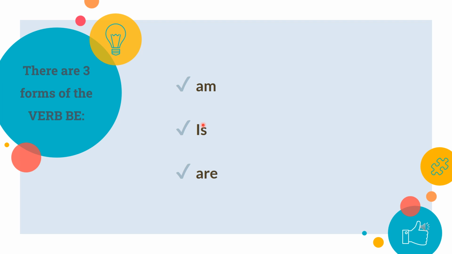He is, she is, and it is. And finally, we have are, which we can use with the second person singular or the third person plural. We have you are for singular, you are for plural, we are for plural, and they are for plural.